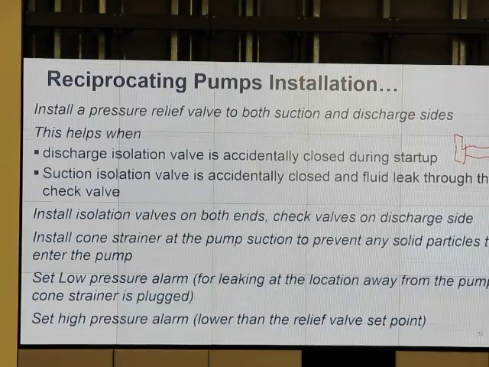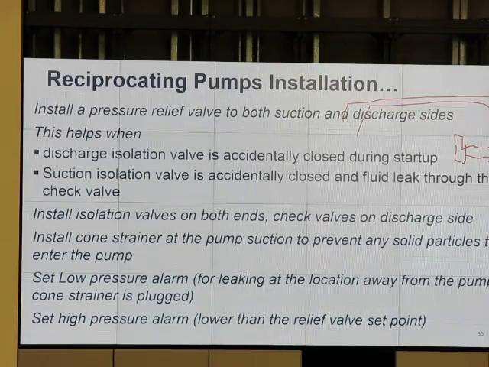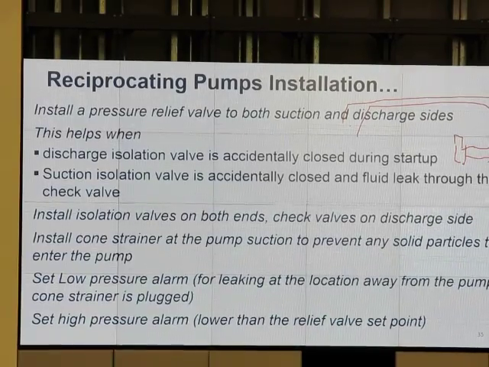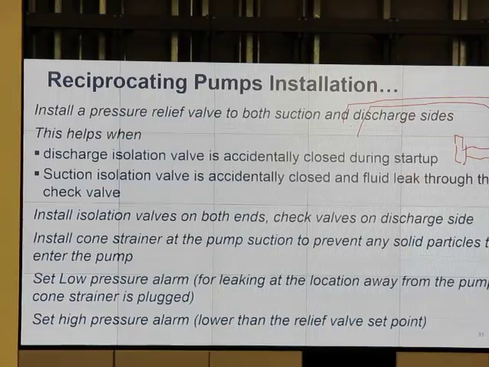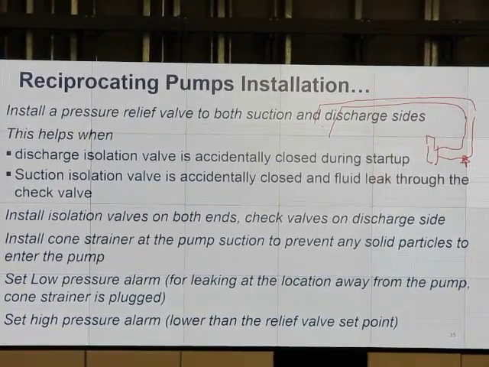In that relief valve, instead of going to atmosphere, we can return to the tank when I install it. So that will be better. So my point on this slide is install pressure relief valve on both suction and discharge side. Good? Okay, let's skip.